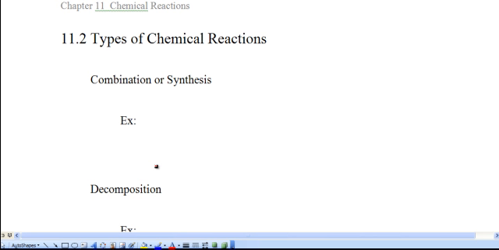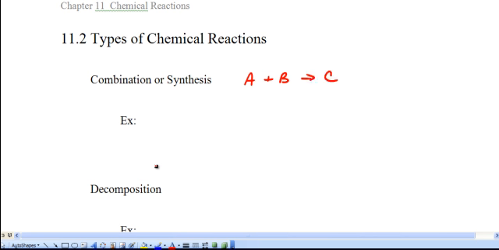And the first reaction that we want to look at is what's called a combination or a synthesis reaction. All you're doing with a combination or synthesis reaction is taking two or more reactants and forming only one product.